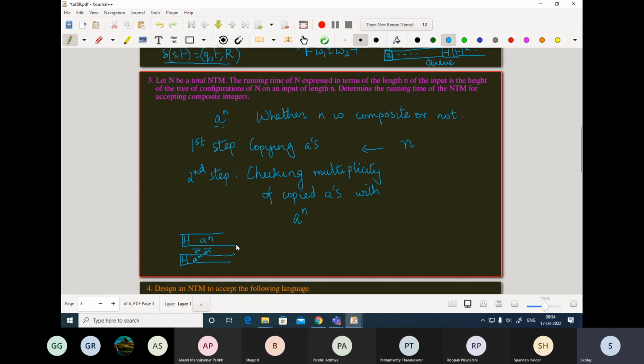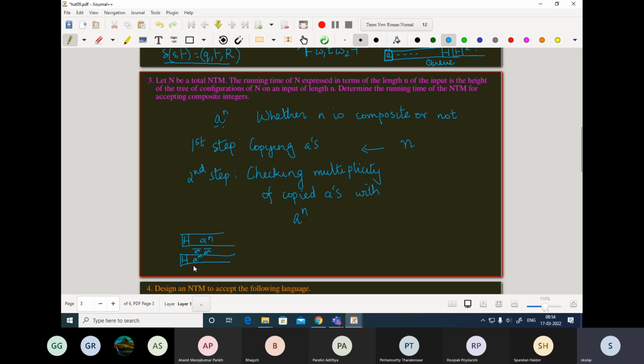How many configurations do you have to go through? N square maximum. Why? For checking each a against n.